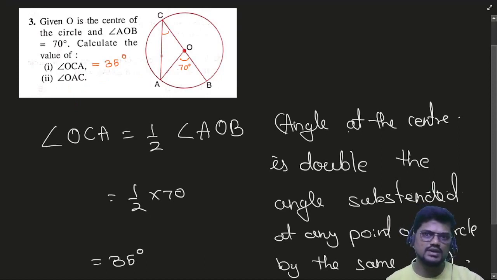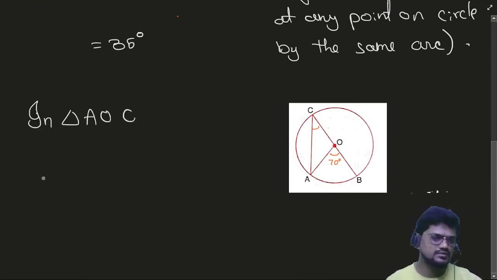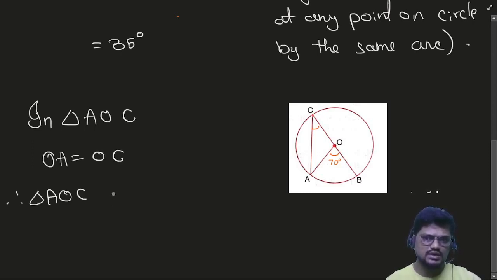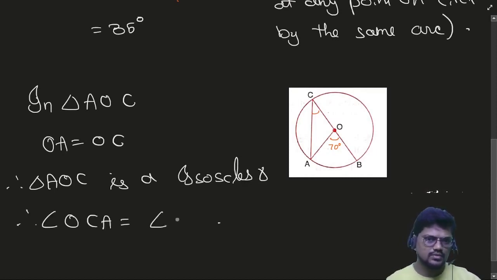Next, what is angle OAC? Now in triangle AOC, OA is equal to OC. Therefore, triangle AOC is an isosceles triangle, right? Therefore, angle OCA is equal to angle OAC.